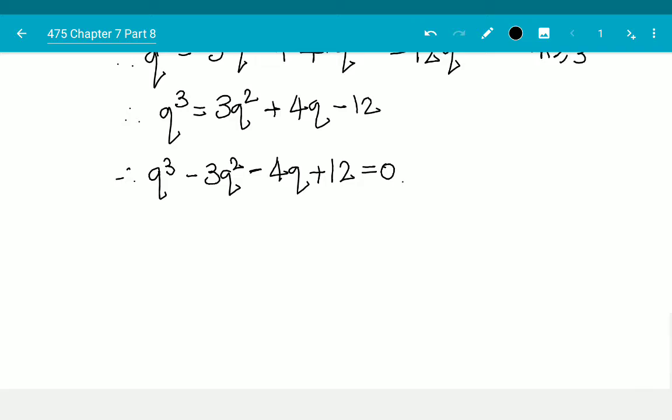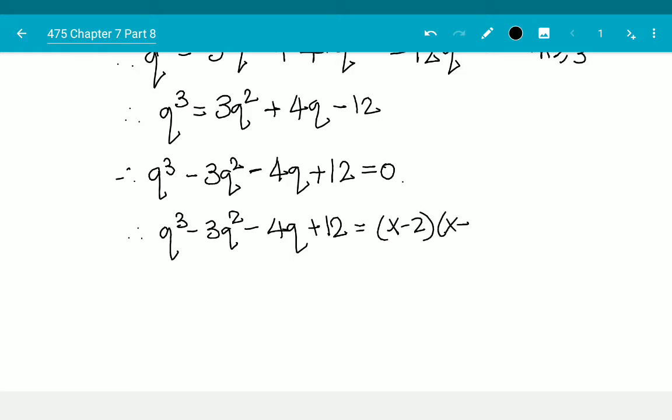Okay, so if I plug in 2, it does indeed give me 0, and I can work it through repeatedly, and I get q cubed minus 3q squared minus 4q plus 12 is equal to (x minus 2) times (x plus 2) times (x minus 3). Okay, so we can factor this, and therefore I get my q has to be either 2, -2, or 3.